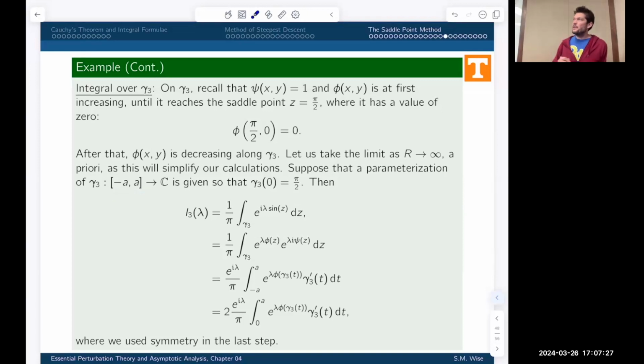I'm running gamma 3 in this direction, from minus a to a. Actually it doesn't matter how I parameterize. I'm going to make the parameterization even, so that when I run through 0, I'm crossing through pi over 2. Does that make sense?